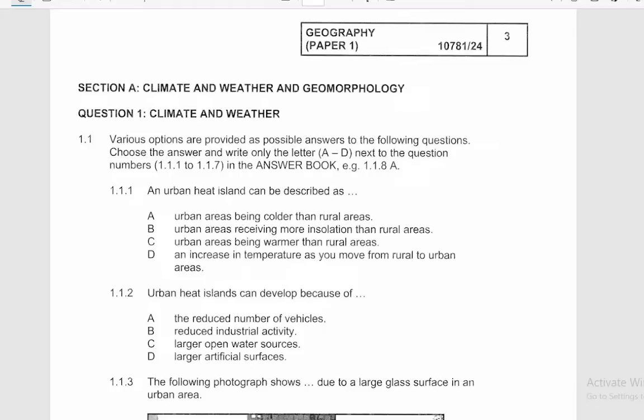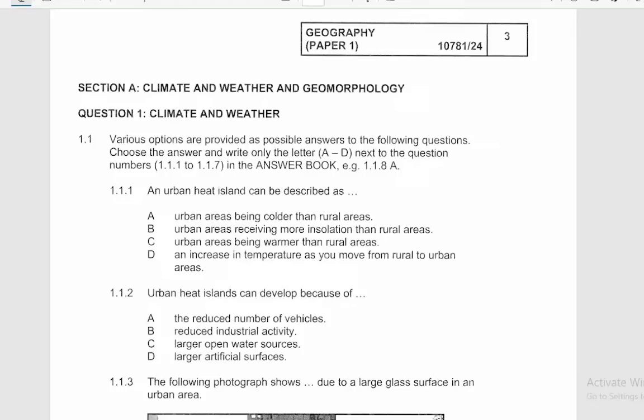Right. With a pollution dome, on the other hand, we are looking at the concentration of pollutants in an urban area. Pollutants tend to concentrate in a given area, predominantly an urban area, because of industrial activity and the volume of traffic and all those activities that contribute towards emissions into the atmosphere.